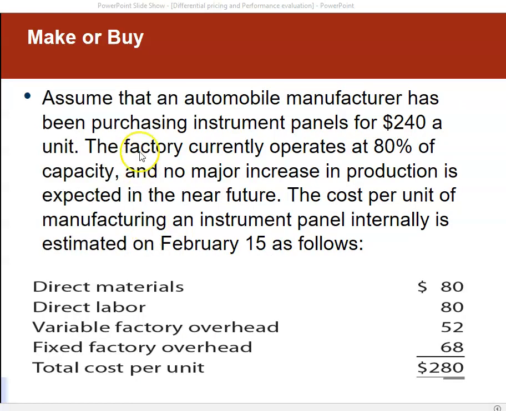So it says here, assume, this is very tricky, assume that an automobile manufacturer has been purchasing instrument panels for $240 a unit. The factory currently operates at 80% of capacity. This is extremely important information. And no major increase in production is expected in the near future.